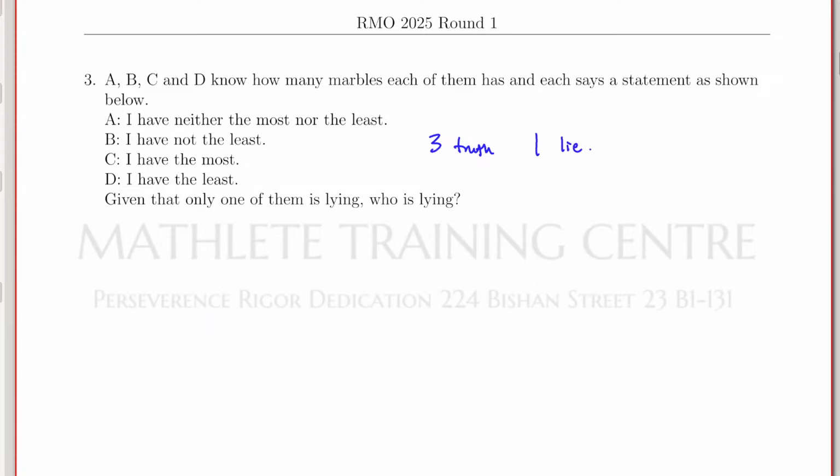So what you can do is just to think, okay, what happens if they are lying? Or who is lying in that case? Let's take a look at the situations here. The first case is when A is lying. If A is lying, then what happens? If A is lying, then A has either the most or the least.